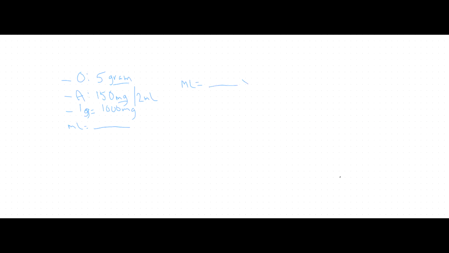So what's gonna go at the top? Milliliters. Okay, how many? 2 mL. And what's gonna go underneath that? The 150 milligrams. Okay. All right, and then I'm going to get rid of this because I've used it.